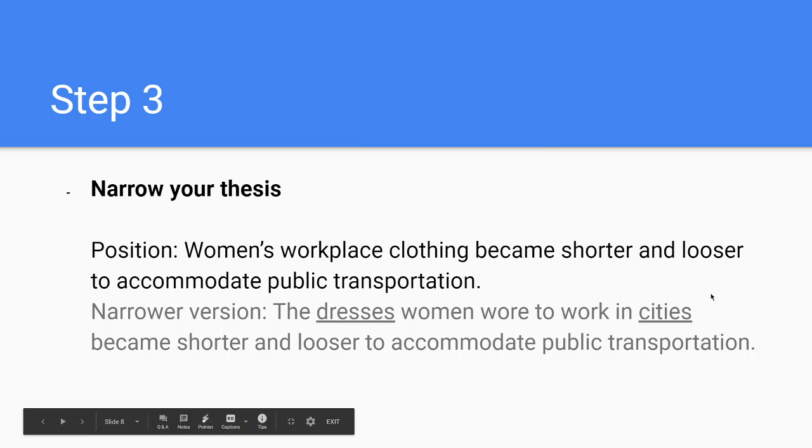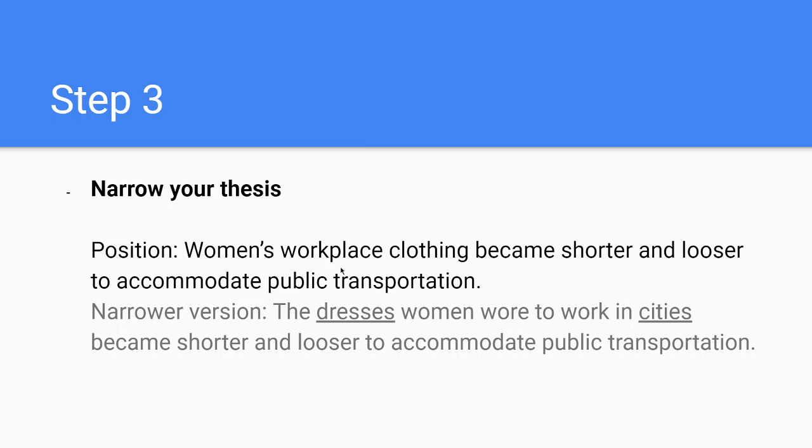There's still other things I could do to make this thesis more specific, but I've made a good first step. So I'm not talking about all clothing. Instead, I'm specifically talking about dresses. And I'm not talking about all regions of the country, small towns, rural areas. I'm specifically going to be looking at cities. So just by adding like 2 words to my thesis, I have made it a lot more narrow.